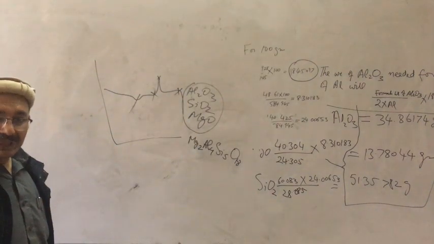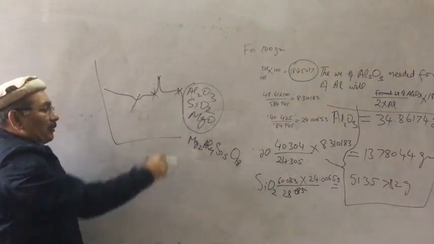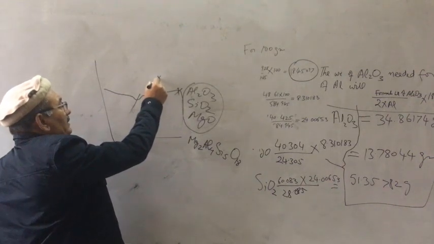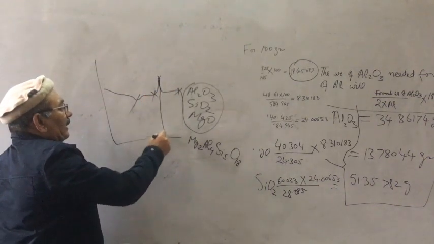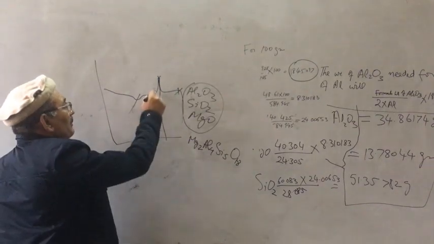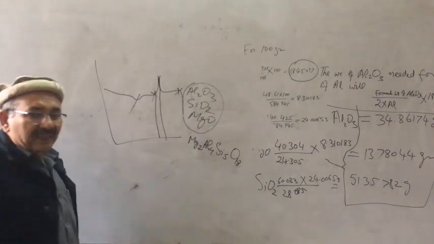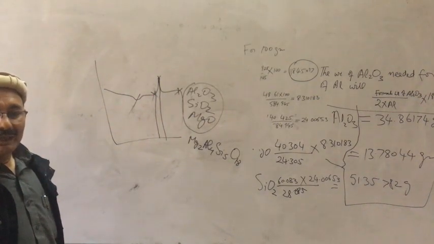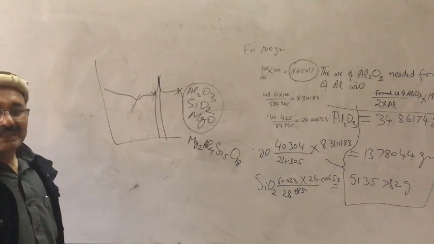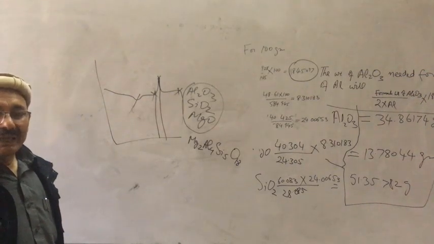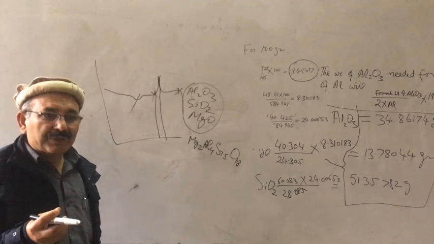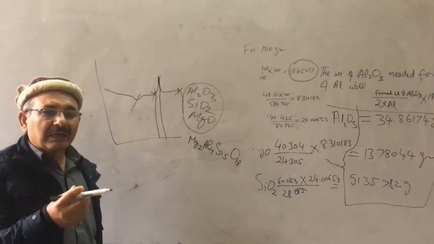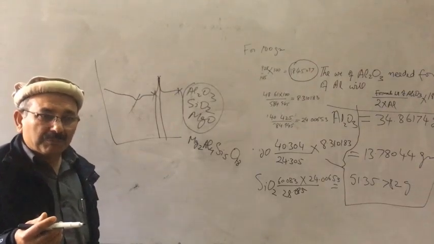Once you have known these, then if you want to make the phase with larger size crystals, calcine it here. If you want small size crystals, calcine it here, so that for the small size crystals you make the nearest neighbors come together and larger grains do not form.